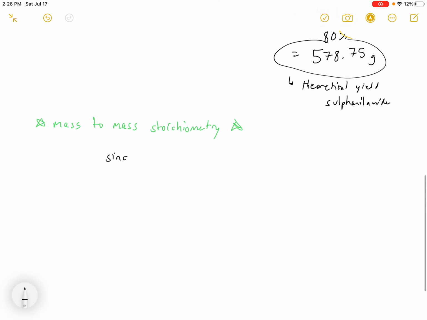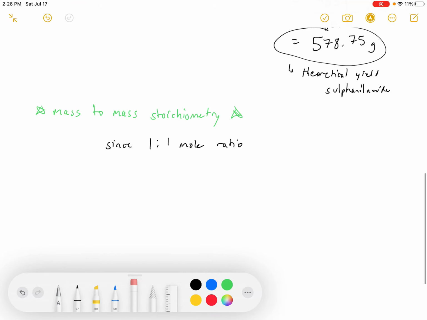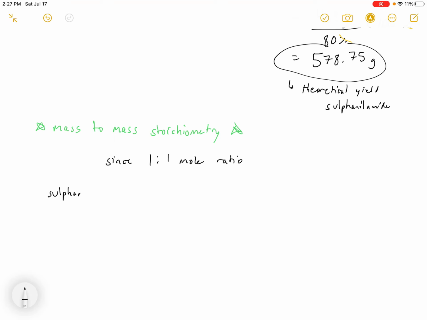So since there's a 1-to-1 mole ratio of sulfanilamide to benzene, all we have to do is find the moles of this, perform stoichiometry, and then find the mass of the benzene. So for sulfanilamide, again, we want moles. So we know that moles is equal to mass over molar mass.